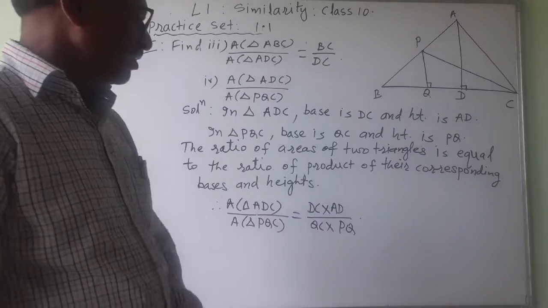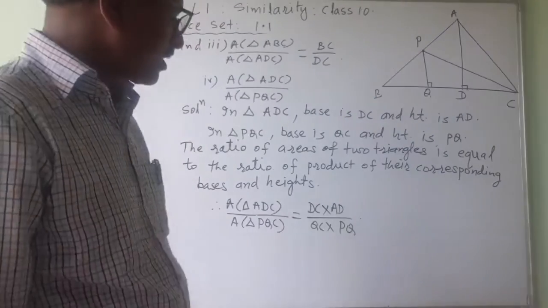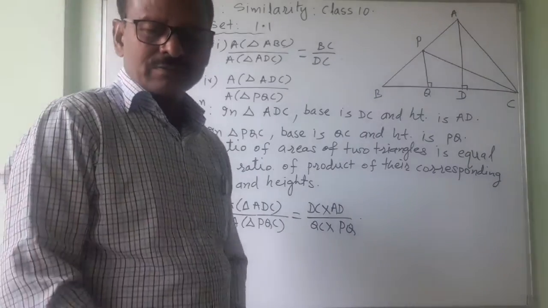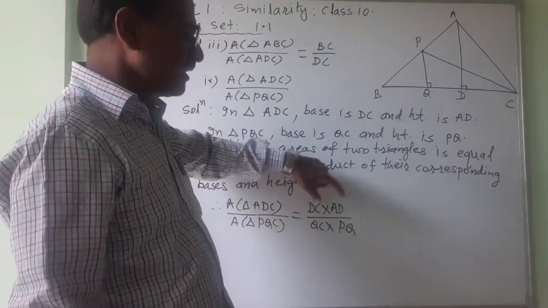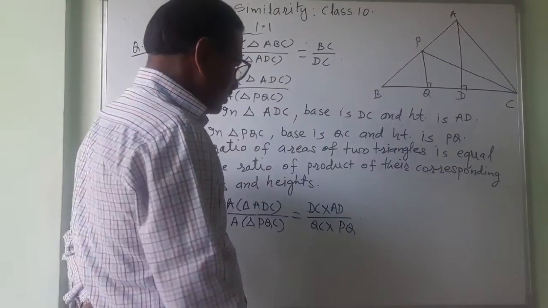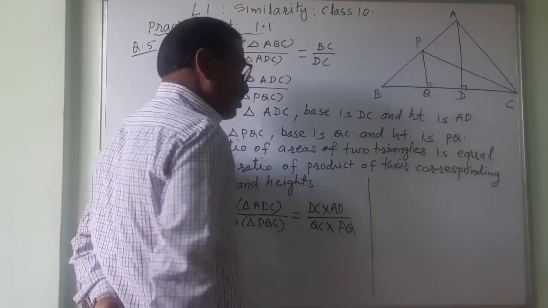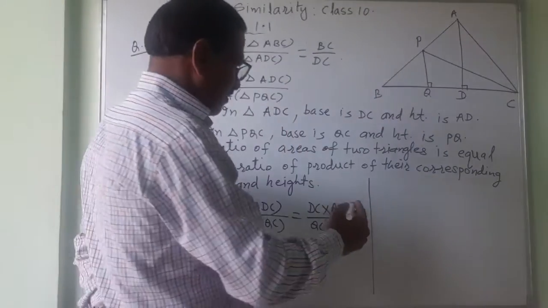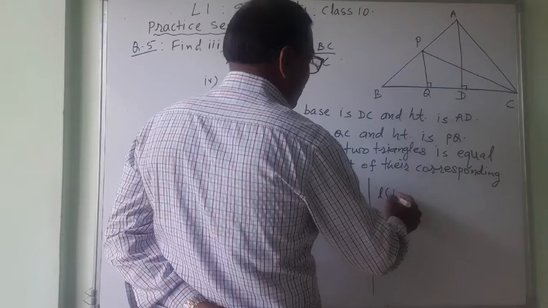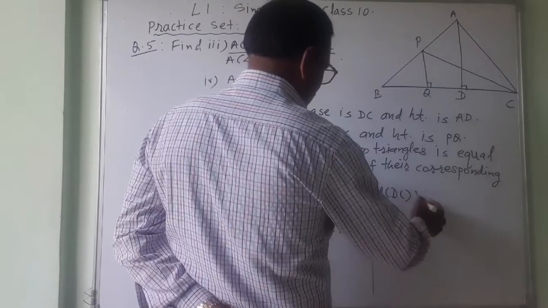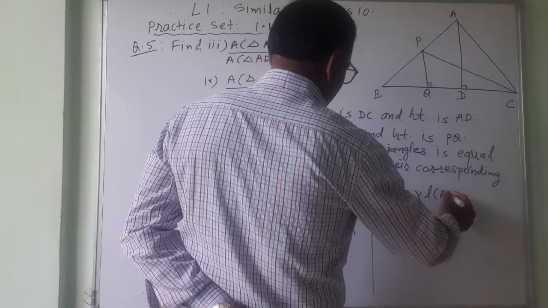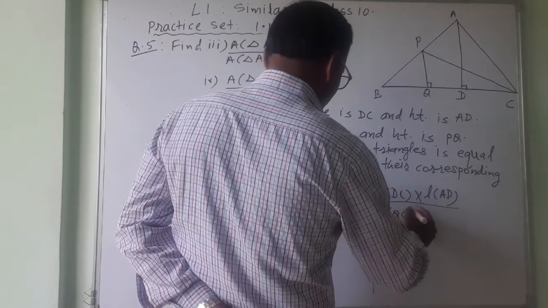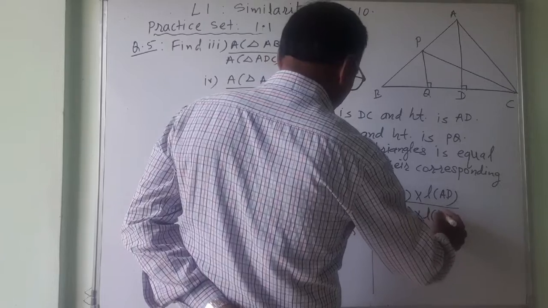Some scholars, nonsense scholars, what they can do is cancel C with C. Not like that. In the very old syllabus, in our times, in 1978, it was written as length DC into length AD, and it was compulsory to write length QC into length PQ.